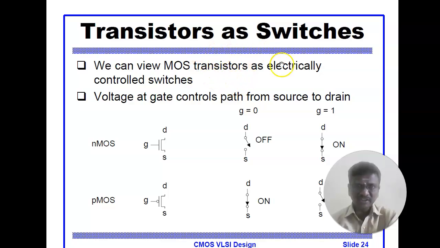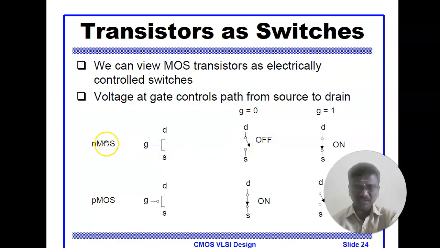These MOS transistors are actually electrically controlled switches, right? So here we are going to use NMOS and PMOS to construct the CMOS. The NMOS transistor consists of three terminals: the gate, source and drain. Similarly, the PMOS transistor also contains a gate, source and drain. When the gate input is equal to 0, the NMOS transistor acts as an open switch.